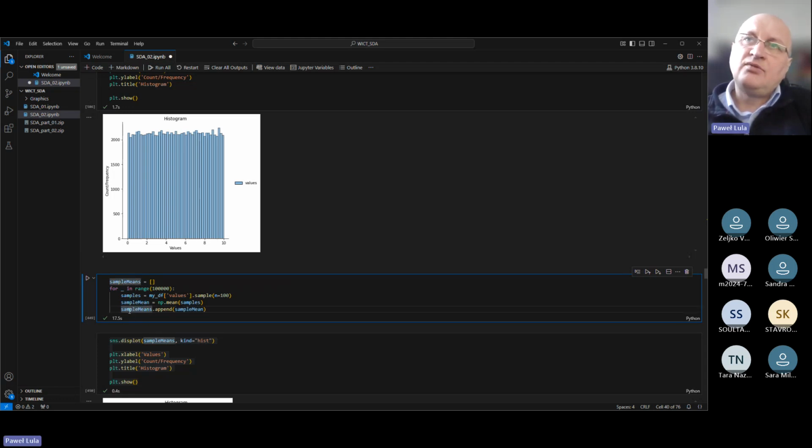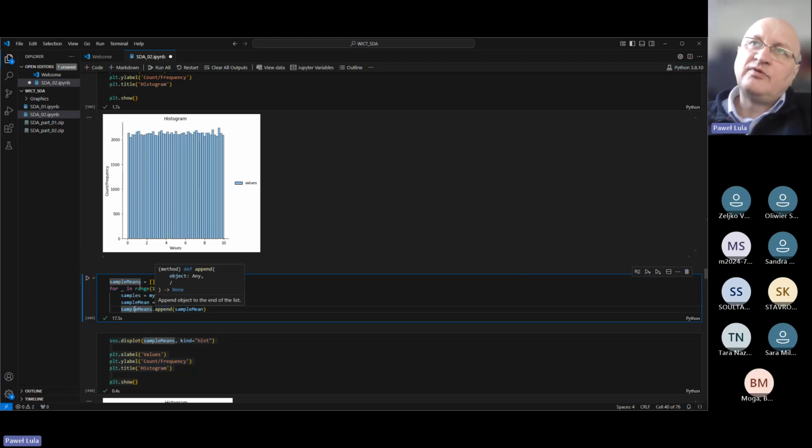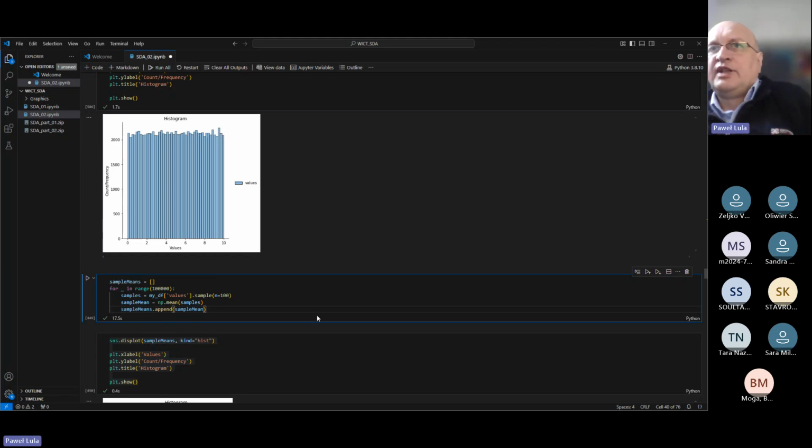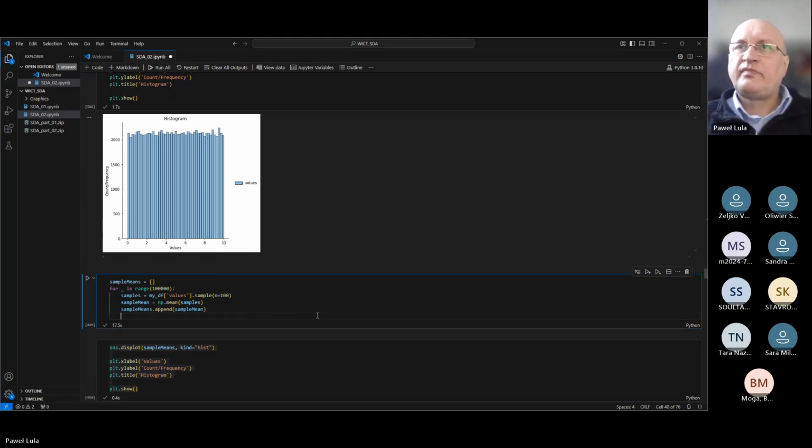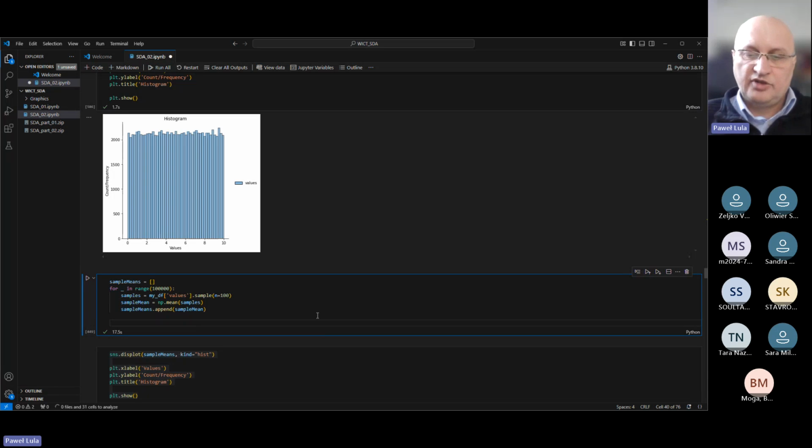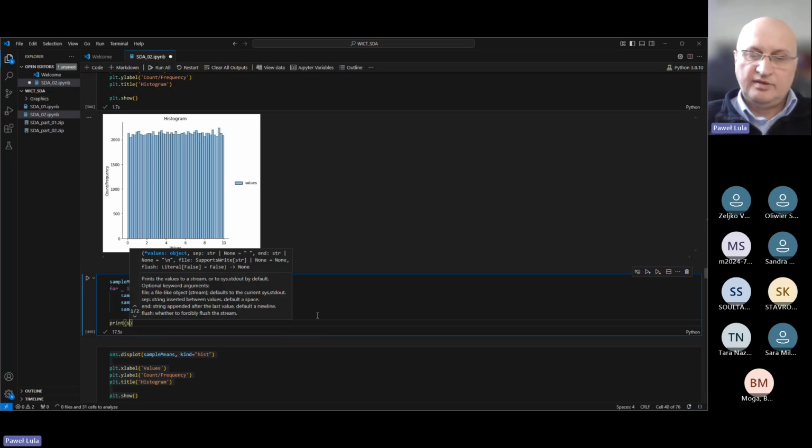And I wanted to store all these mean values. I append them to the list which was created here.